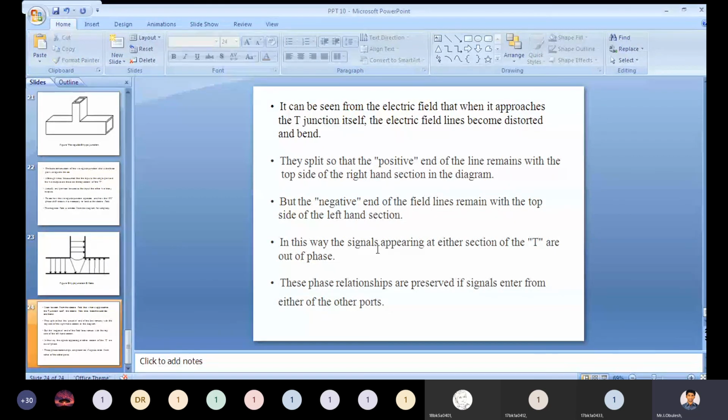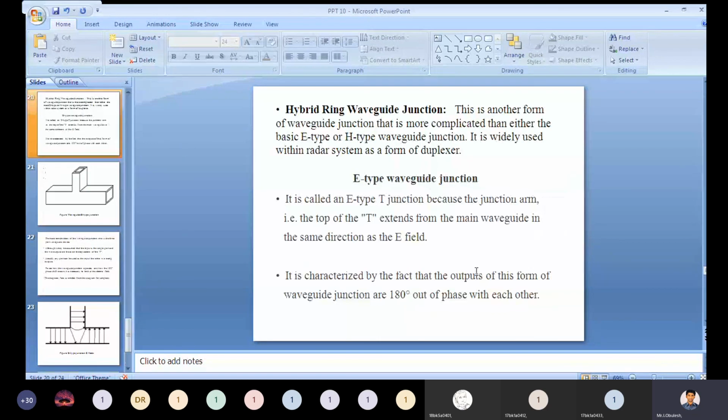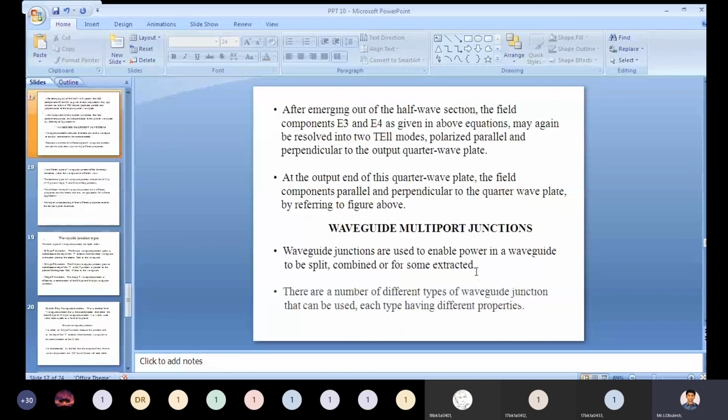So this is the waveguide multi-port junction. You just need to remember all of this once again.